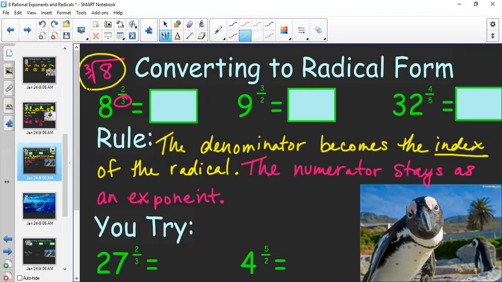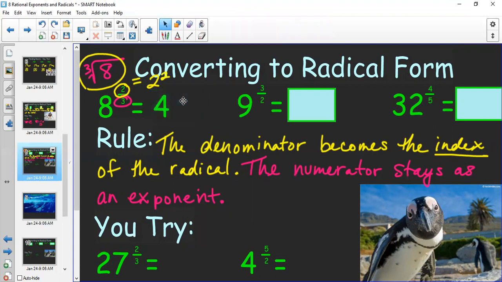So what number cubed will give us 8? That would be the number 2. Then I take the exponent and the numerator, and I keep it as the exponent. So 2 to the second power is 4. Now, I'm not going to lie, guys, this lesson is a little bit tougher. It gets into algebra 2 some, so this is kind of an introduction, and you'll use it again in the future. But you guys can handle it.